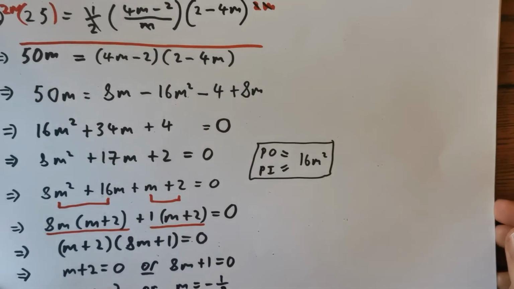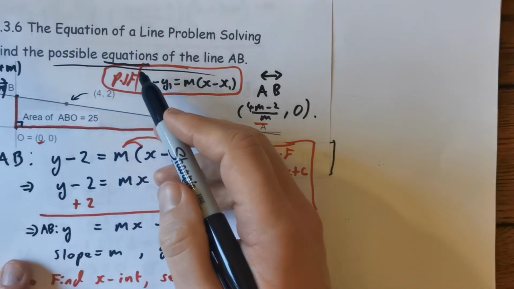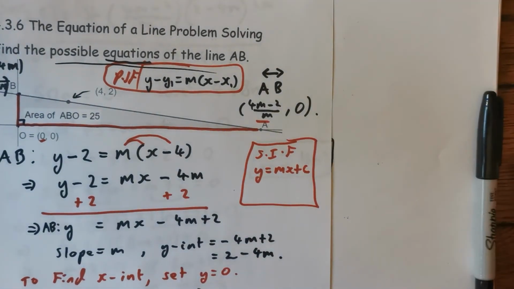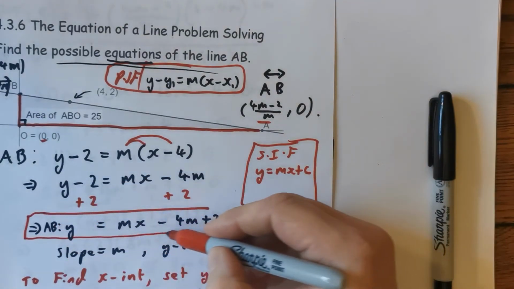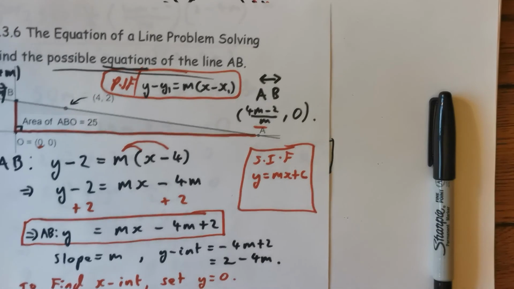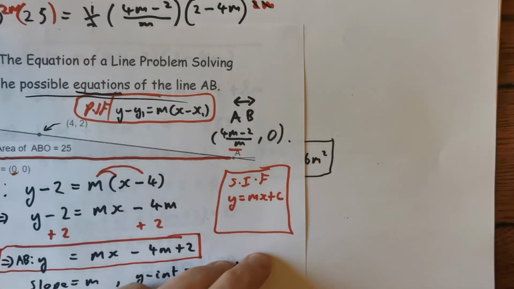Again, double check we've answered the question. Have we answered the question? It doesn't say find the slope, it says find the equations. We know the equations in slope-intercept form look like this. So I'm going to solve those equations by just substituting in our possible values for m in there.